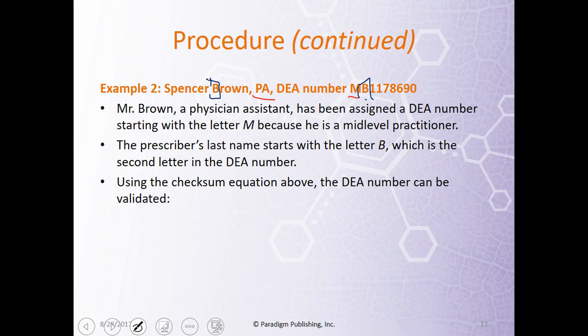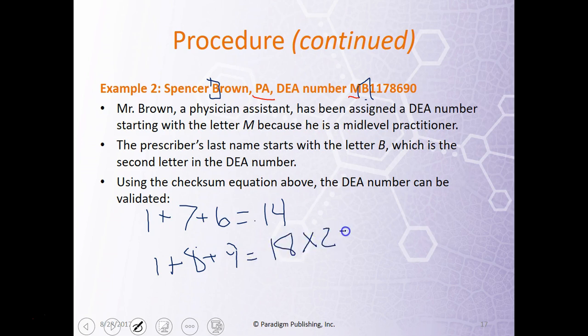So now what we're going to do is a checksum on the numbers. So if we take the first plus the third plus the 5th, we get 14. Then we take the second, the 4th, and the 6th, and we get 18. And we have to multiply that by 2.